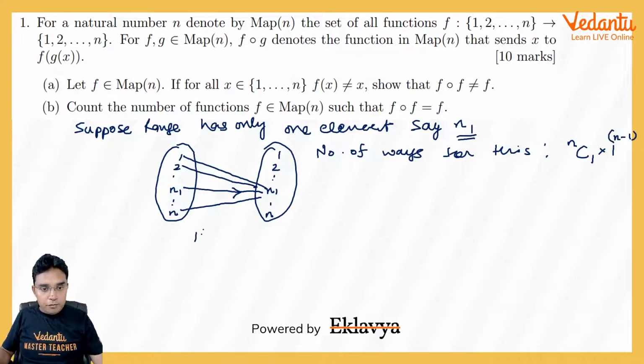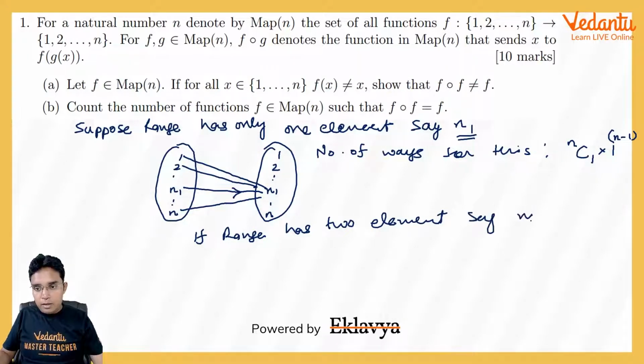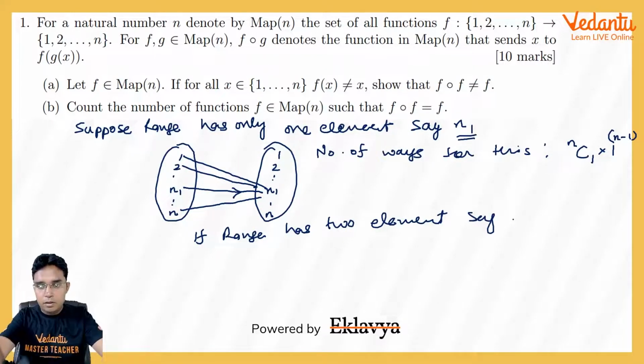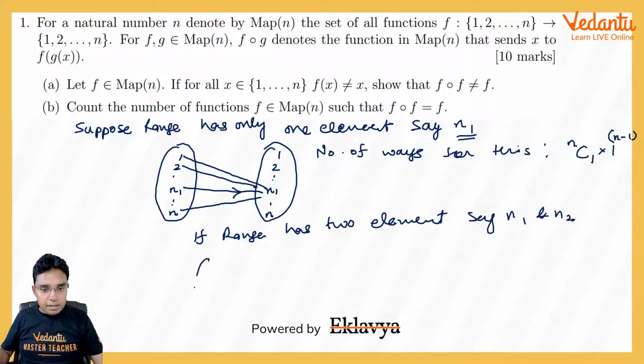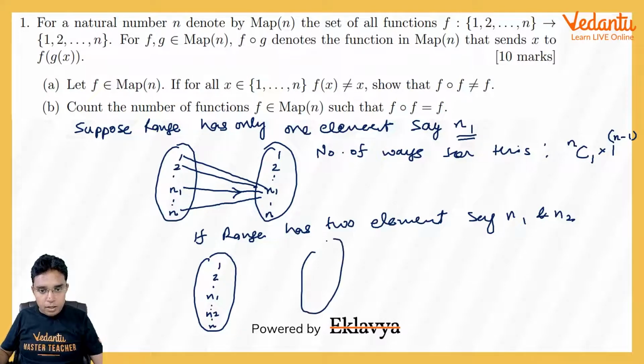Now if the range has two elements, say n1 and n2, then if I make the same diagram, 1, 2, and so on, n1, and so on, n2, and so on, n, and here again 1, 2, and so on, n1, and so on, n2, and so on, n.